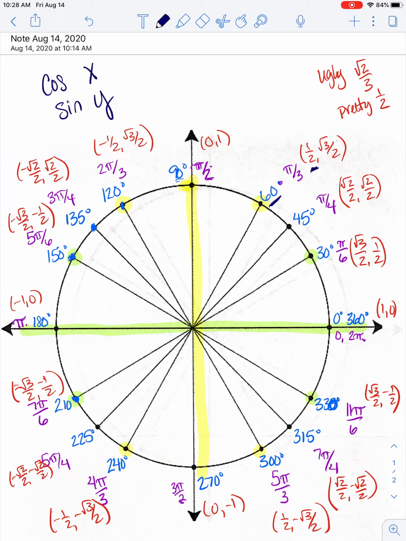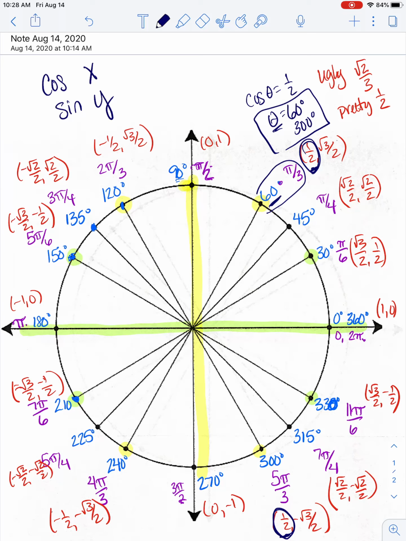So if I were to say cosine of 60 degrees, the answer would be 1/2. If I wrote cosine of theta equals 1/2, the theta would be 60 degrees, but it would also be 5 pi over 3, or 300 degrees if I was going to do radian or degrees. So cosine is 1/2 happens twice.